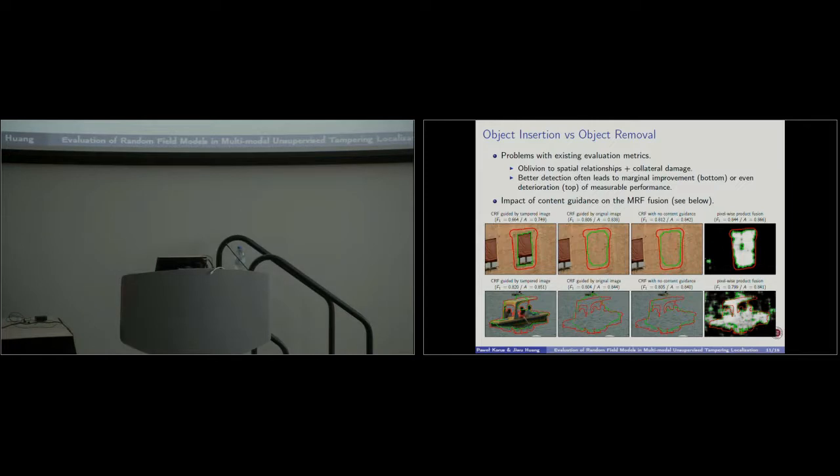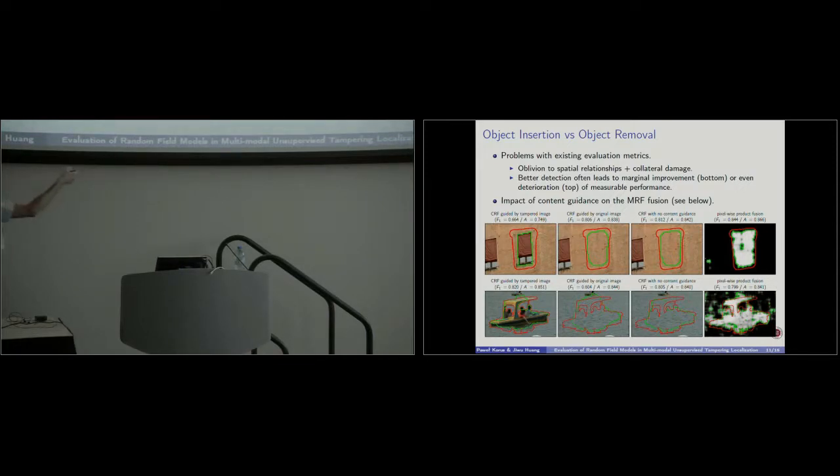the detection result. So one thing to notice is that if we go from the product fusion to the CRF fusion with content-dependent interactions, you can get much better results because you can see that the object is followed very closely. You can also see that here the shape of the boat is also much more precise. However, if you look at the score, in this case, the score improved very slightly because we jumped from 0.8 to 0.82.